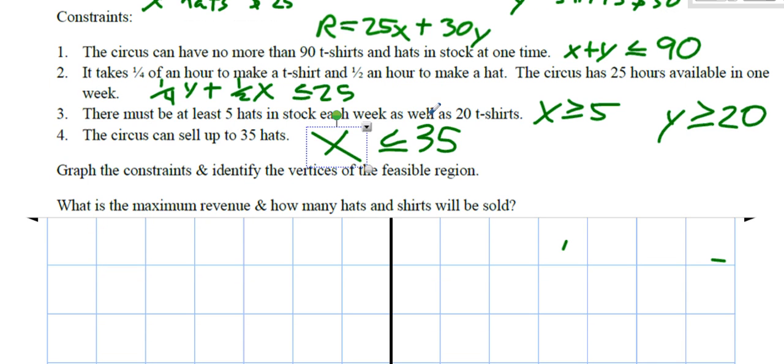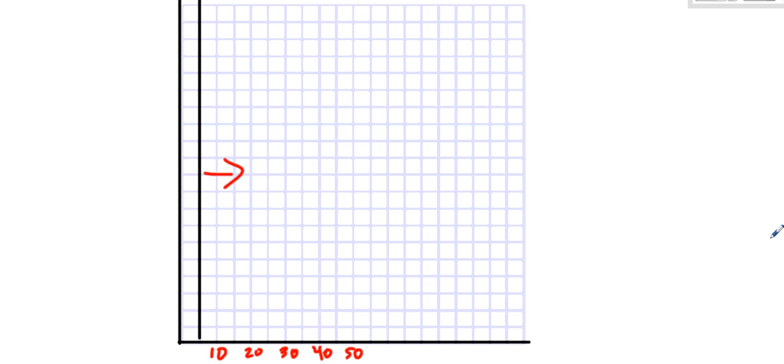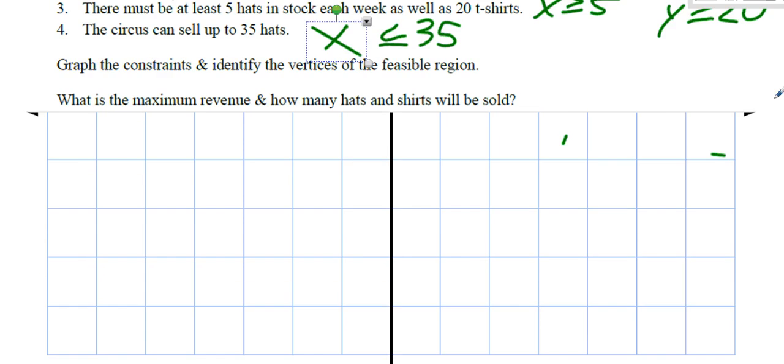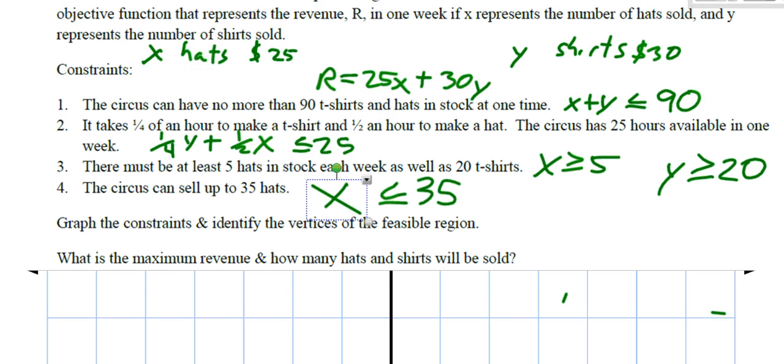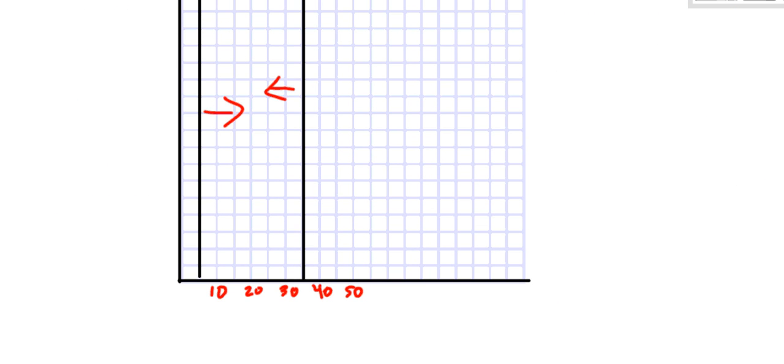Then we have X is less than or equal to 35. So here's another line at 35. Less than or equal to, so that's going to the left. Y is greater than or equal to 20. 5, 10, 15, 20. Greater than or equal to, so it needs to be in there.